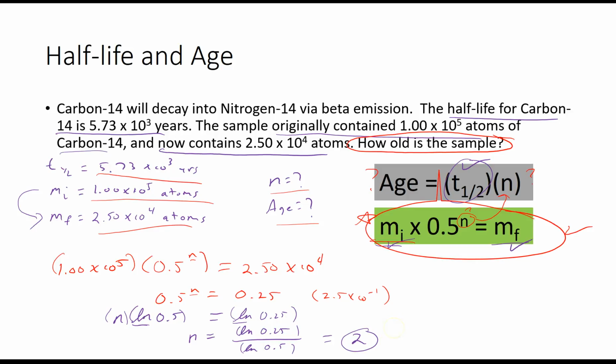So now I know n equals 2, and I can substitute it into my age equation. I'm going to go to this equation right here: age equals 5.73 times 10 to the third, which is that value I wrote down over here for the half-life, times 2.